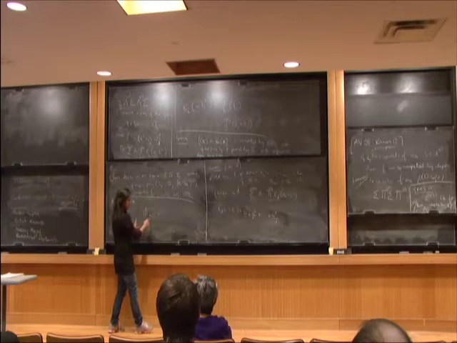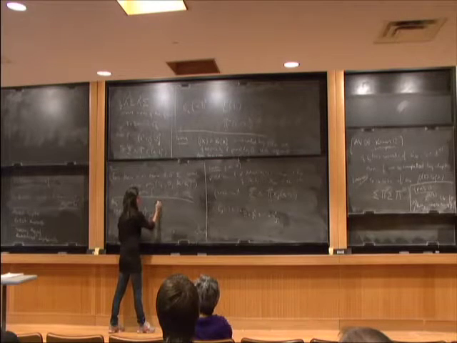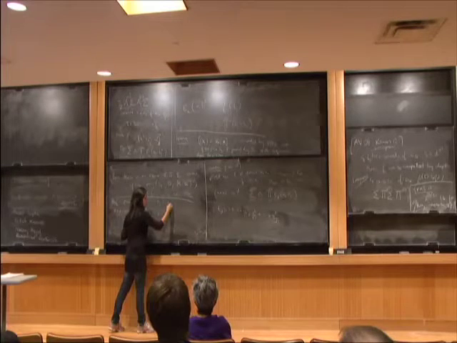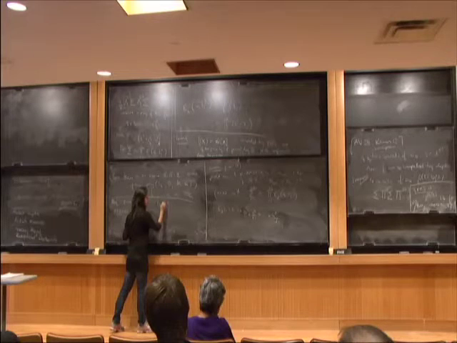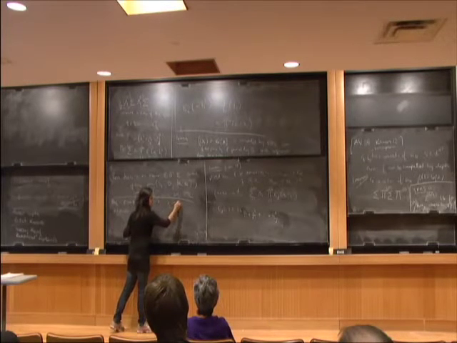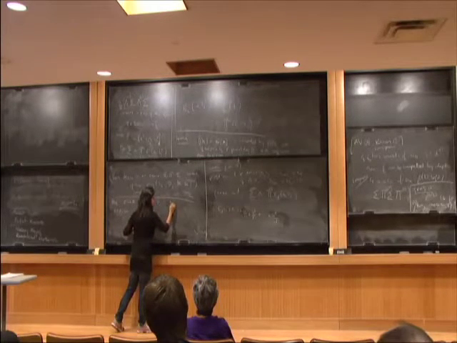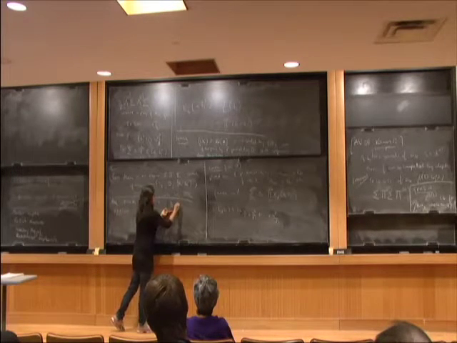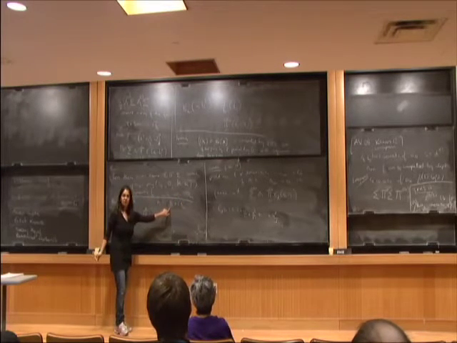Each Lj can be written as a real linear form plus i times the complex variant of it, Lj plus i times Lj prime.